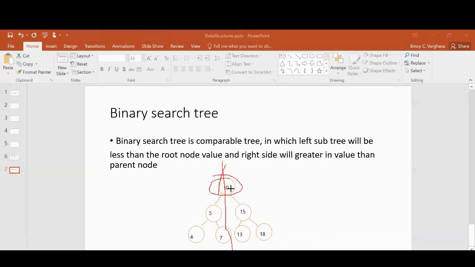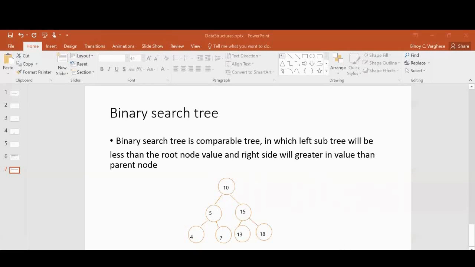All are less than 10, correct? And again there is a subtree. What is the subtree here? The subtree starts with 5 as its root, its left node is 4, which is less than 5, and 7 is on the right hand side, which is greater than 5. So this is how the binary search tree is implemented.